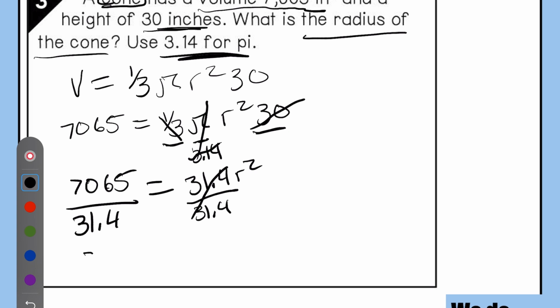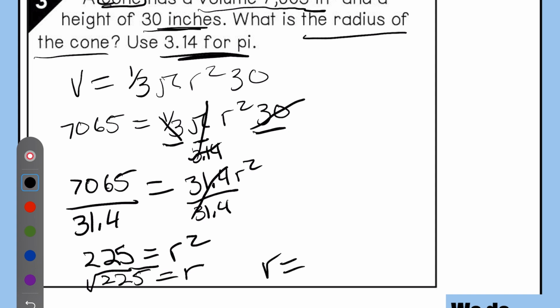And you get 225 is equal to r squared. So now you need to know what times itself equals 225. So you need the square root of 225 is equal to r, and the square root of 225 is 15. So r is equal to 15.